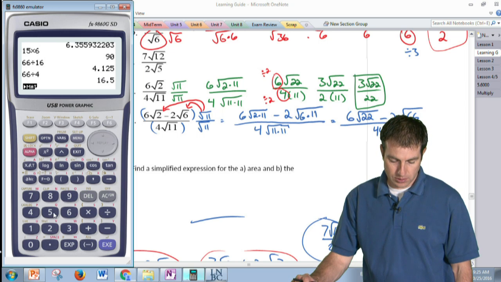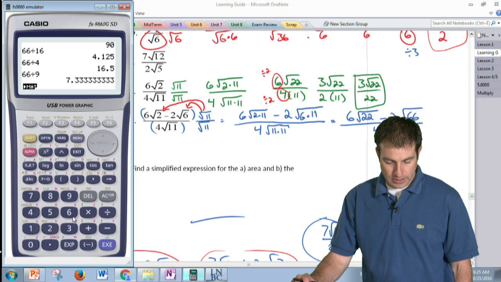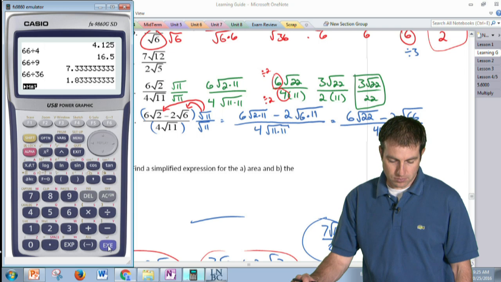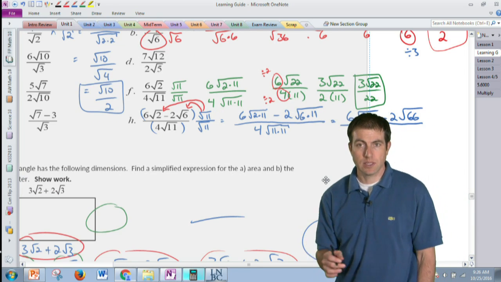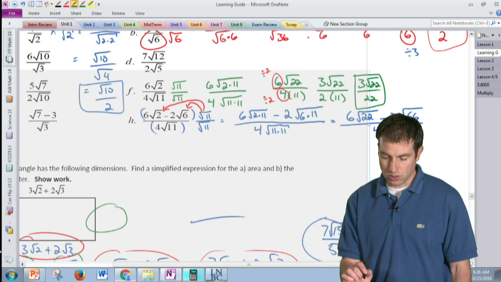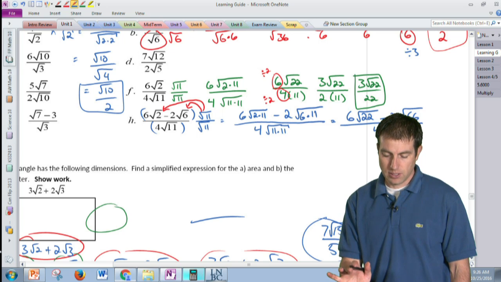Nope. 66 divided by 9, no. 66 divided by 36, no, that's not going to work. So I'm thinking that 66 is as simple as it gets. There are no perfect squares that go into 66, and no perfect squares that go into 22. So those are both simplified.